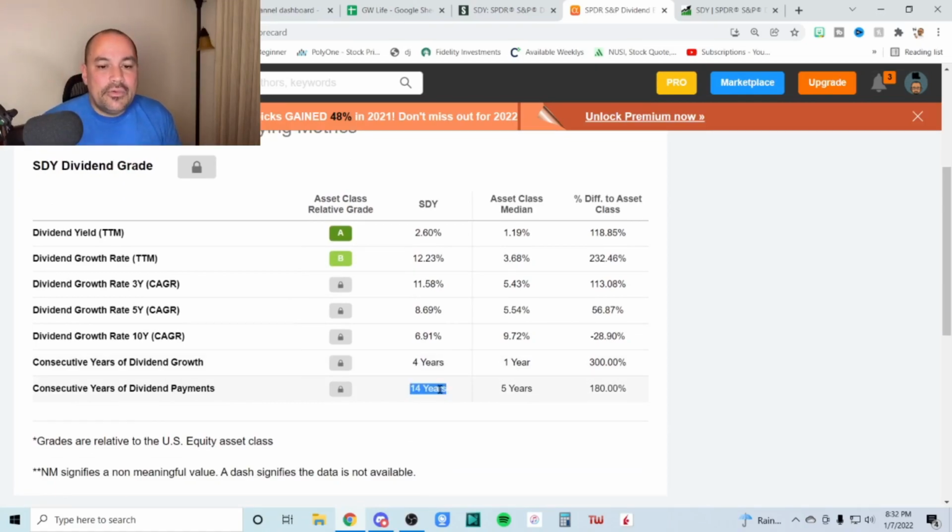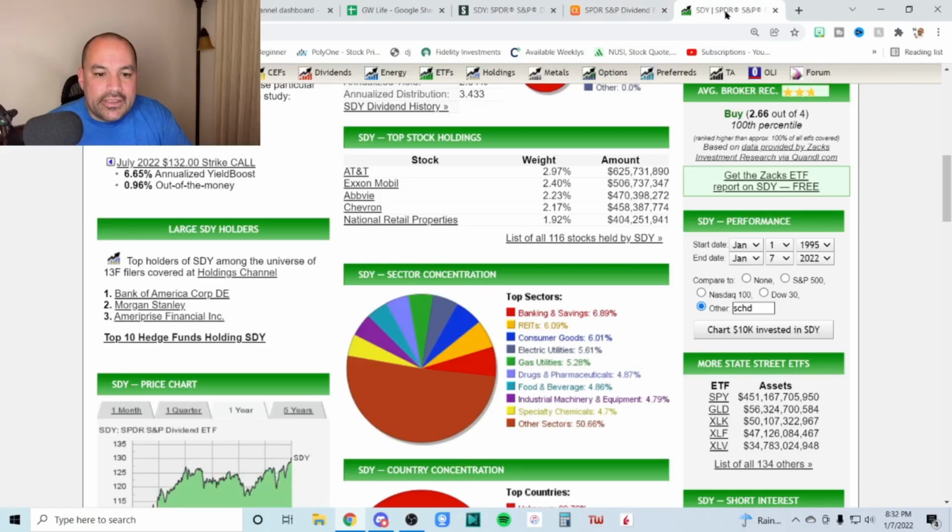Now let's take a look at performance, and we're going to compare it against the big dog, which is SCHD. This is going to give us at least 10 years of comparison here, and we're doing SCHD because it has been the best performer so far in the series.